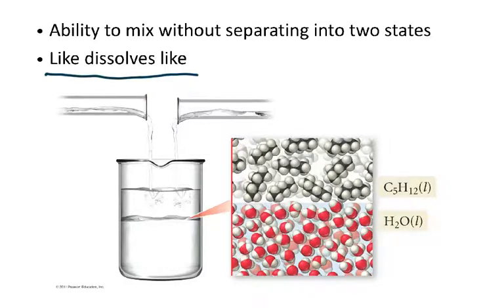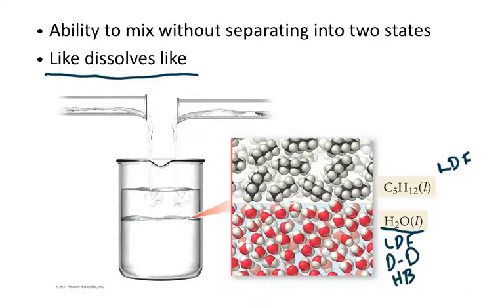So if one of the substances can hydrogen bond, say water, and the other one can't, so water has London dispersion forces, dipole-dipole, and hydrogen bonding. C5H12, pentane, only has London dispersion forces. Those are not alike, so they do not dissolve in each other.